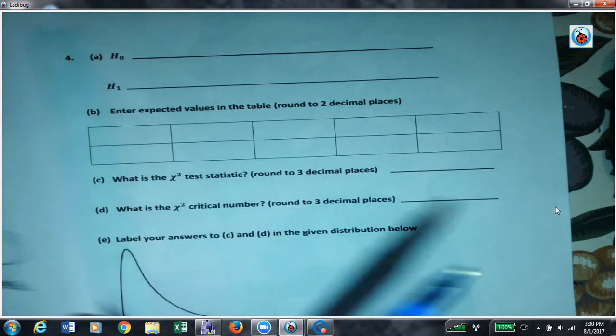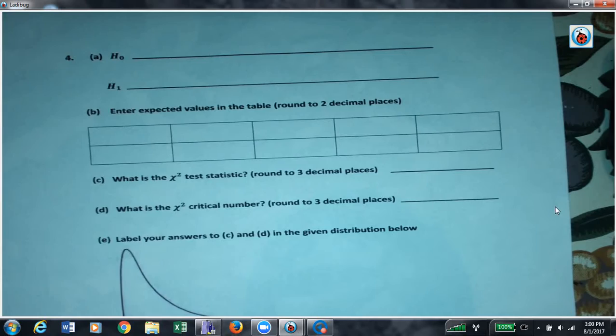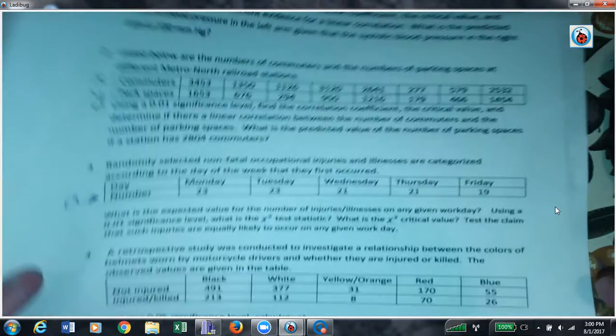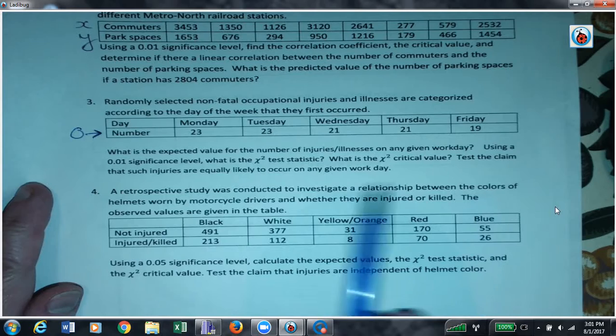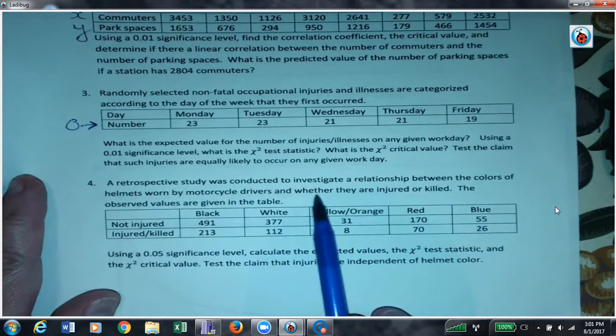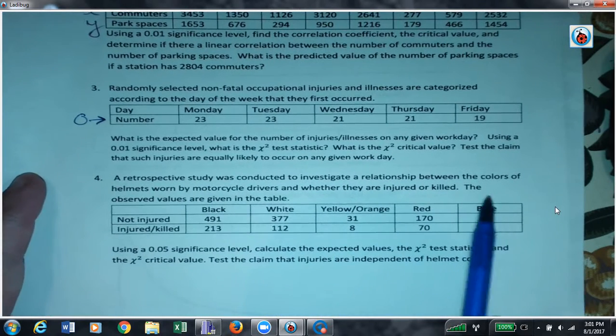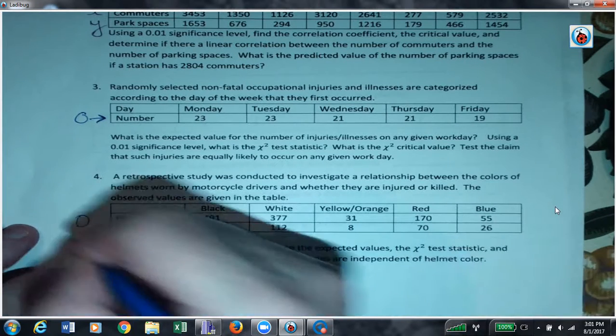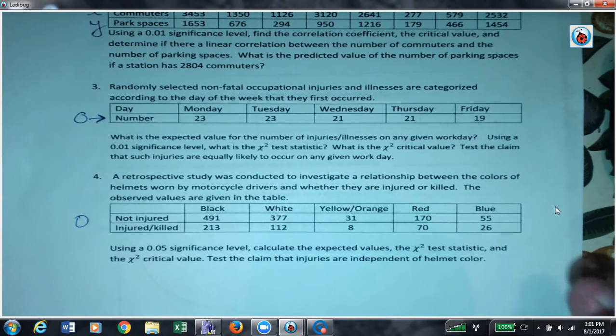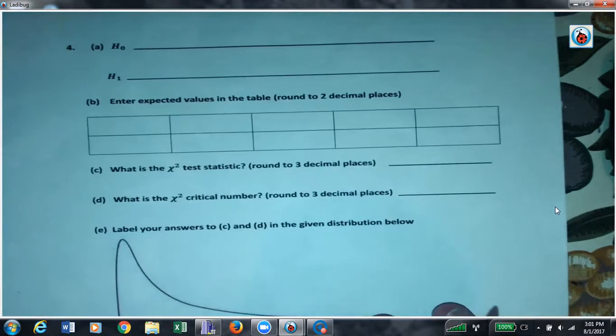Okay, and finally, a retrospective study was done to investigate a relationship between the colors of helmets worn by motorcycle drivers and whether or not they are injured or killed. These are all of my observed values. So now we're going to have contingency tables.